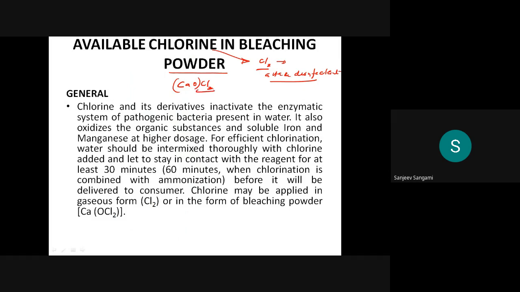The formula of bleaching powder is CaOCl2. Then how is this bleaching powder prepared first? Chlorine is a halogen compound, and it is unstable in nature.